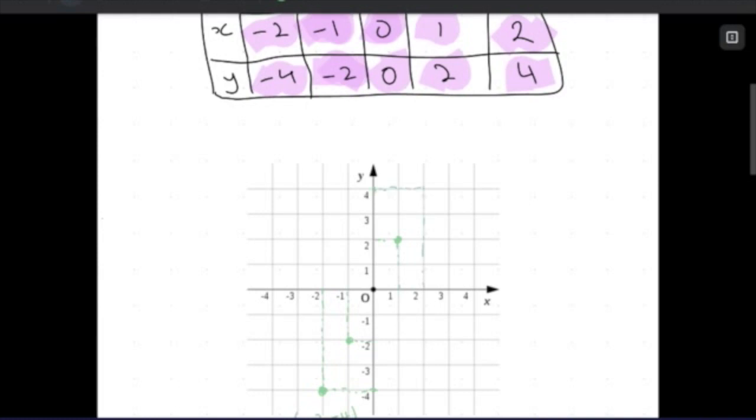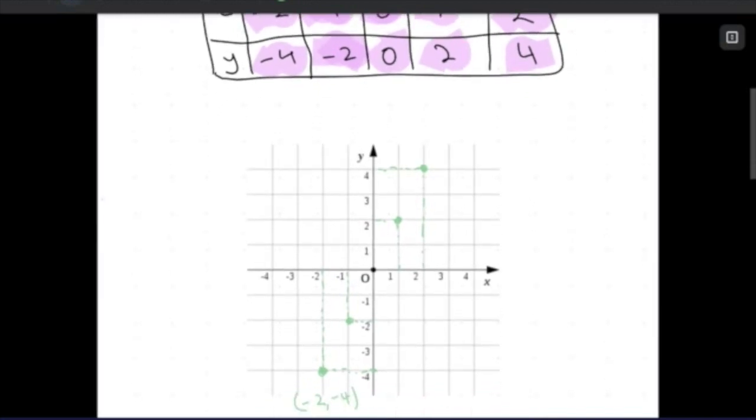And what you will notice, the fact that both of these move in a uniform manner, this will always result in a linear relationship. In other words, when we plot the points, we will get a straight line passing all the way through.